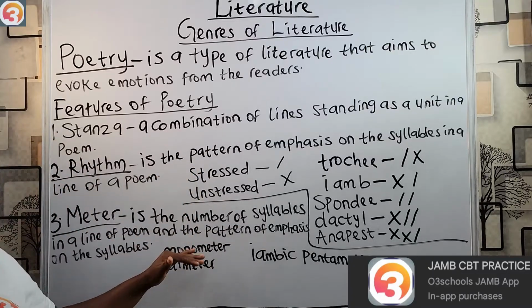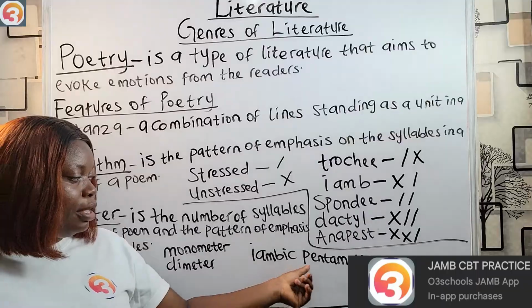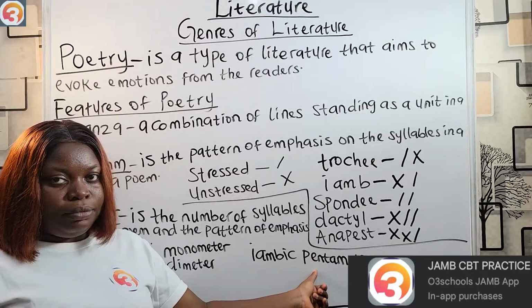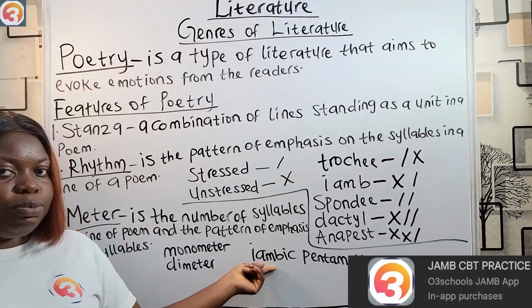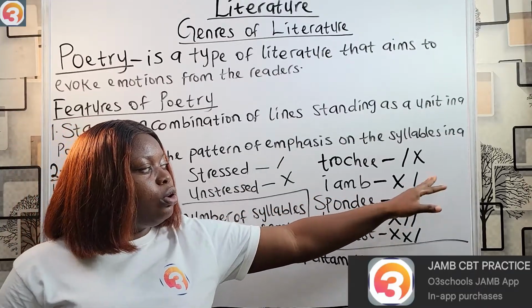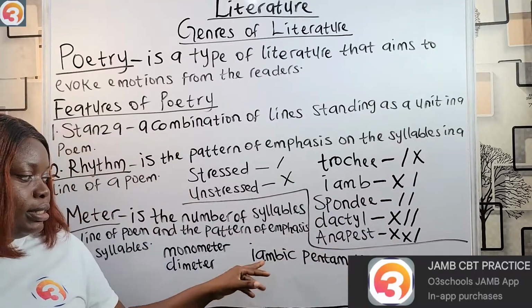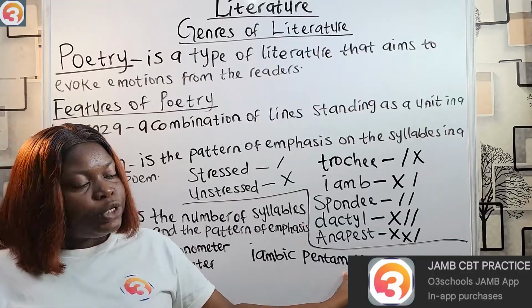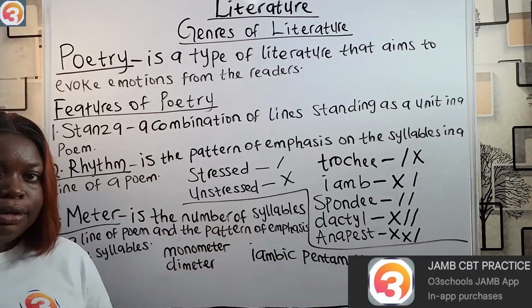For rhythm and meter, we're talking about the lines individually. So we have iambic pentameter. Penta means five. So five groups of syllables that follow this pattern: unstressed stressed, unstressed stressed, unstressed stressed, five times. That's iambic pentameter. So though rhythm and meter are similar, they are not exactly the same.